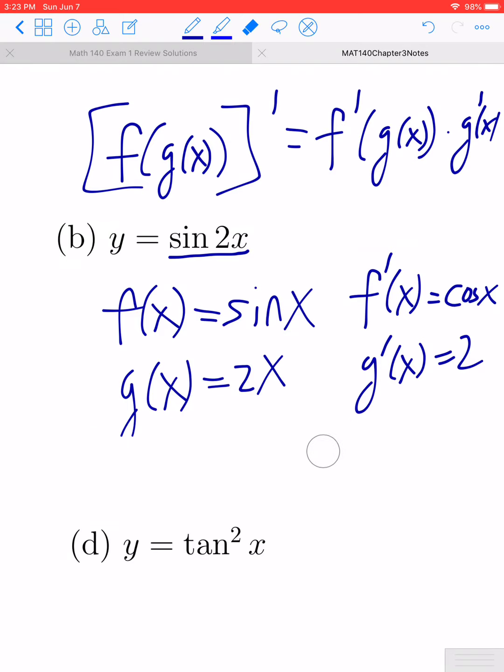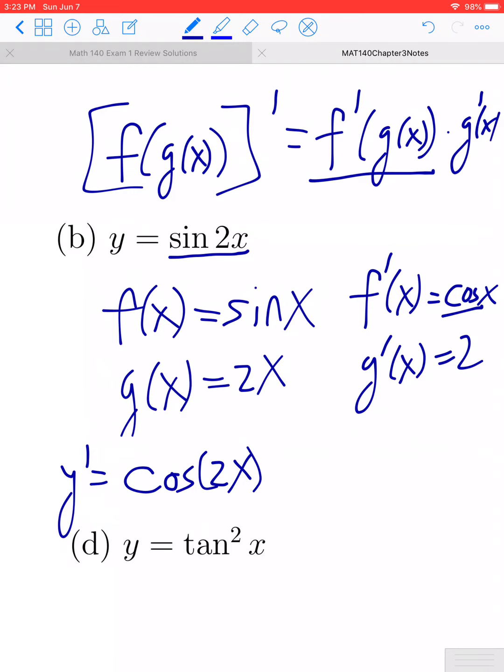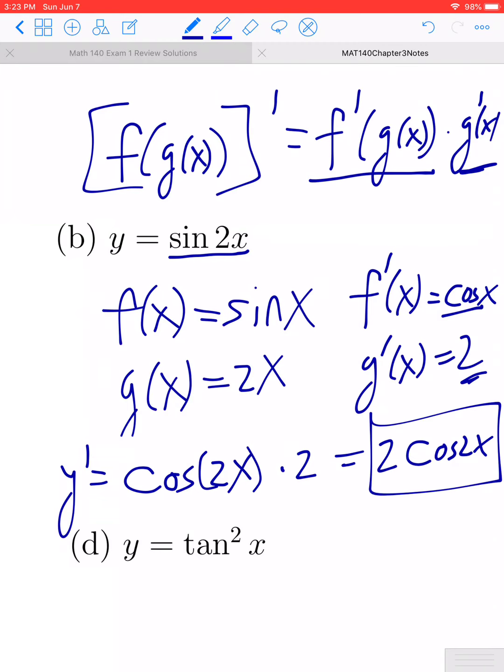So our derivative in this case, the derivative of the sine of 2x, again, it should be f prime composed with g of x. f prime is the cosine function, so this is going to be the cosine function of 2x, and then we're going to multiply this by g prime. g prime is equal to 2. So there you have it. There's our derivative, 2 cosine of 2x.